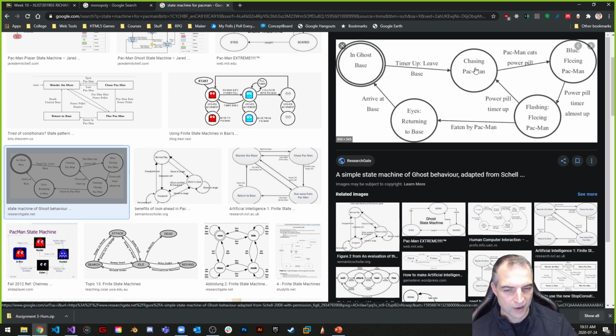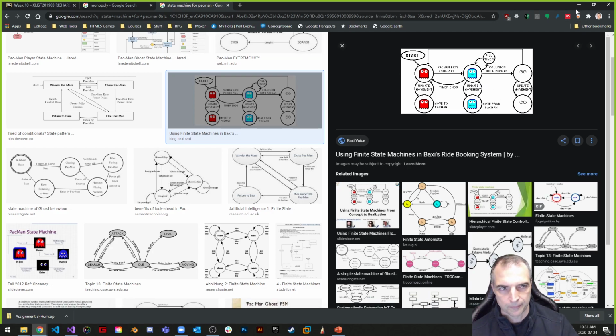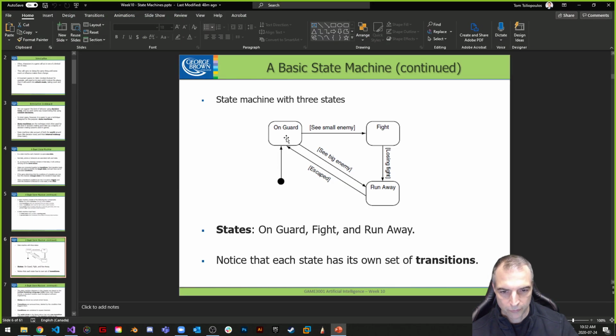Well, what about if I eat Pac-Man? There is nothing like that here. You can see some other examples as well. So state machines are kind of interesting. There are other integrations like this, but Pac-Man is a very popular one to take a look at. Again, this is a very simple state machine.